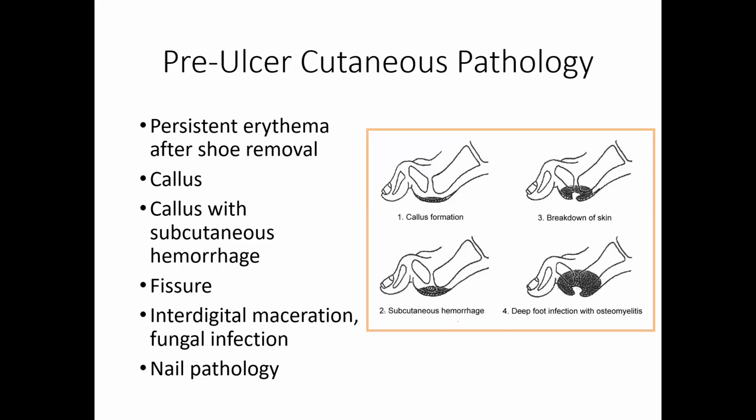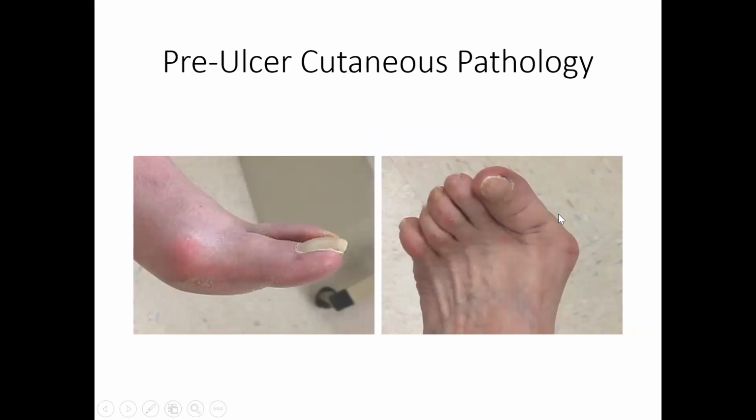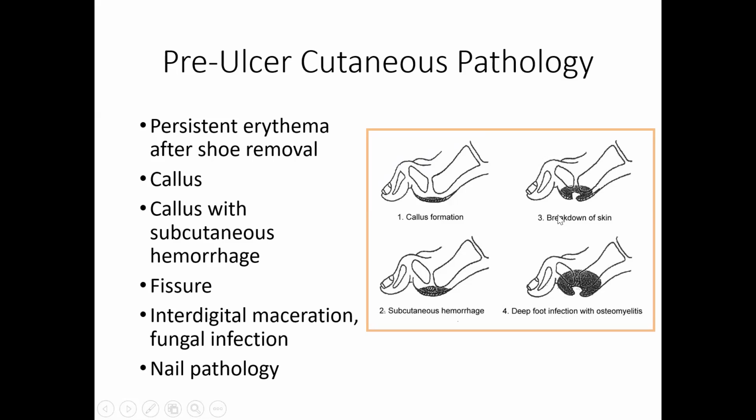So for example, if you see here, there is a callus formation. This results in the breakdown of the skin here. And then number 3 is the subcutaneous hemorrhage. And then there is deep foot infection with osteomyelitis ultimately over here.